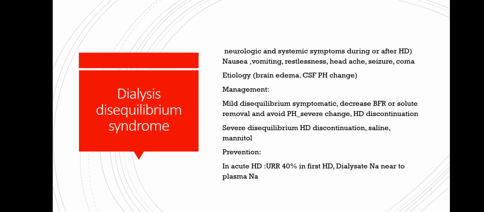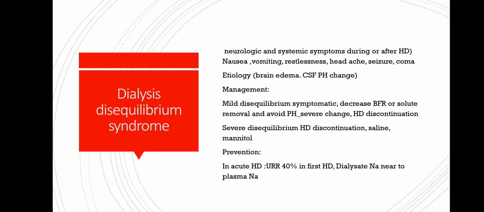Next, another condition of dialysis patients is dialysis disequilibrium syndrome. It causes neurological and systemic symptoms during or after dialysis: nausea, vomiting, restlessness, headache, then seizures and coma. The etiology is brain edema, CSF and pH change.